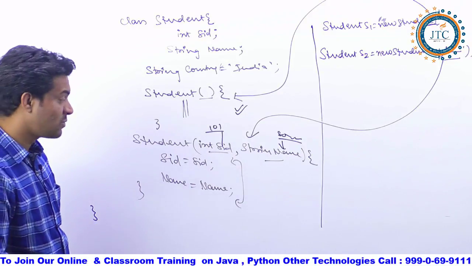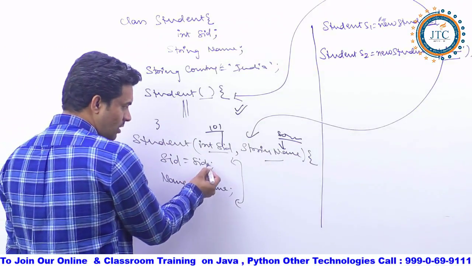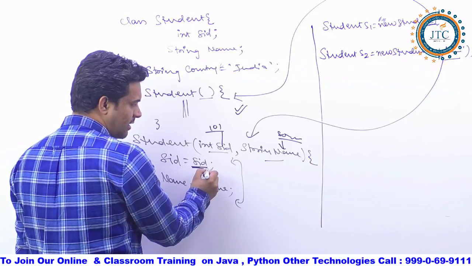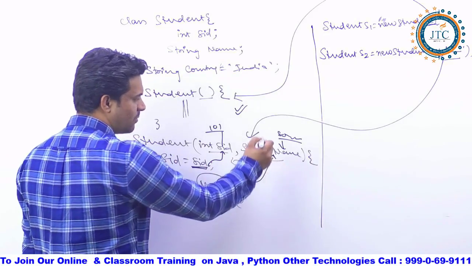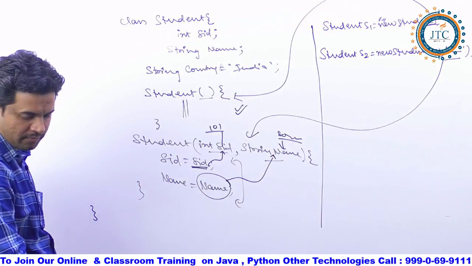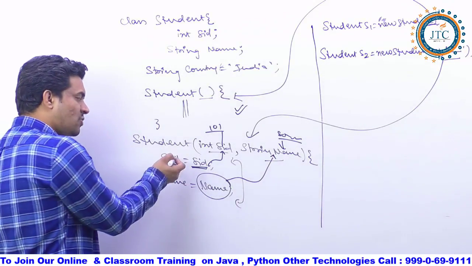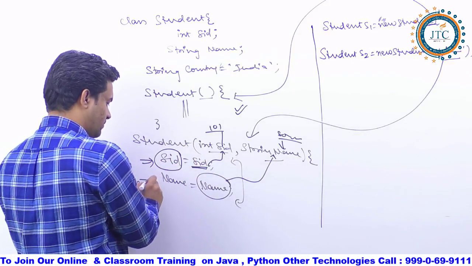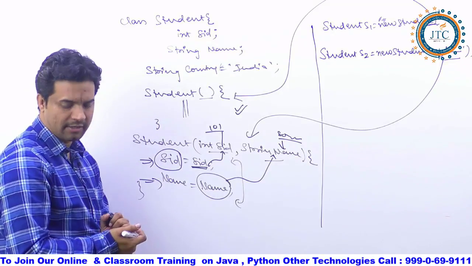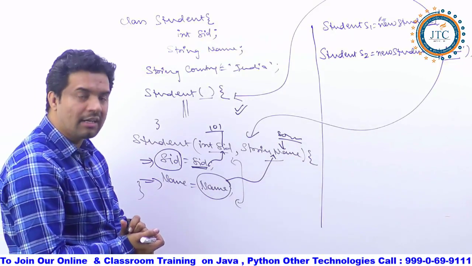When I have given these two values, what is going to happen? First it will search for what this SID is. This SID is available here. This name is also available, which is a local variable, correct? Then it tries to understand the left-hand side variable, because right-to-left assignments are done.